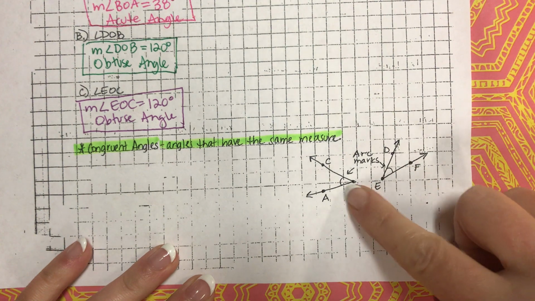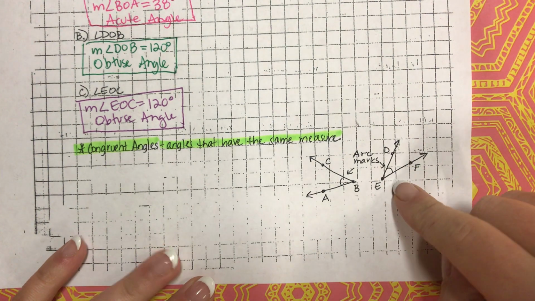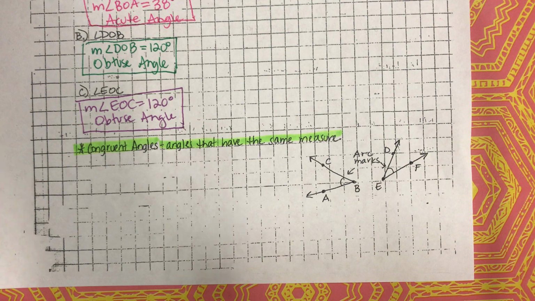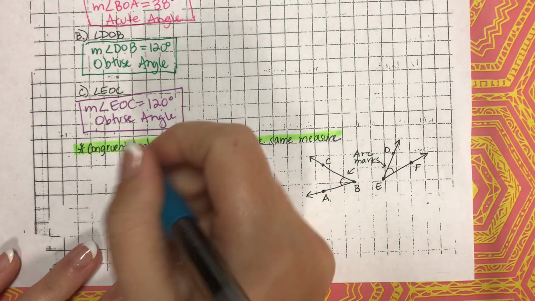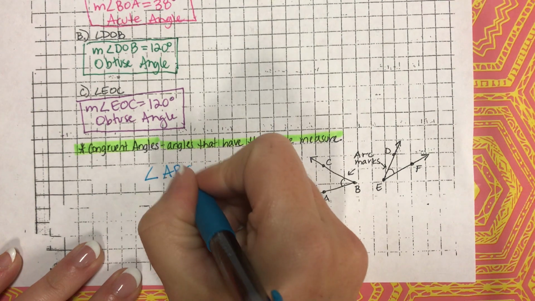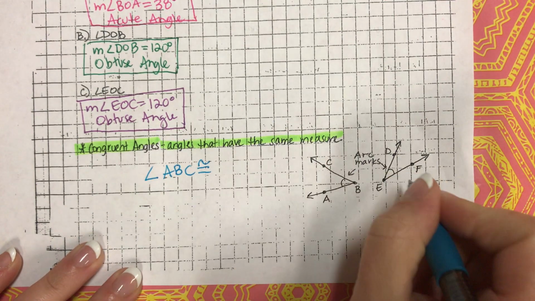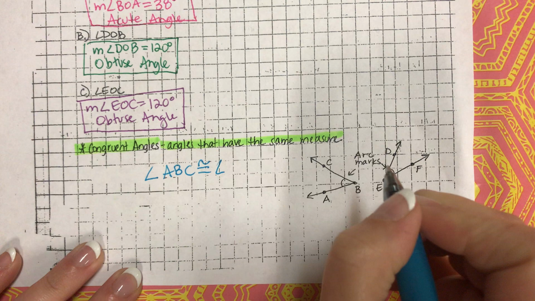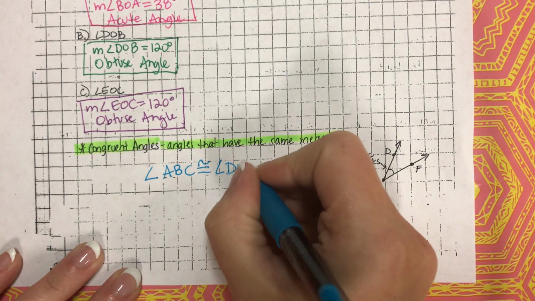Those are arc marks. Those mean that those two angles are congruent. So we can say that angle ABC is congruent to angle DEF.